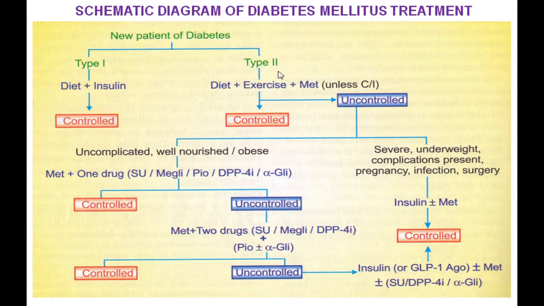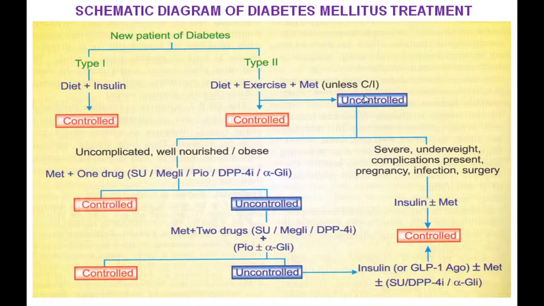Type 2. First of all, a patient should follow diet. Exercise is very, very important for type 2. And we use metformin, a biguanide derivative. The situation is controlled.